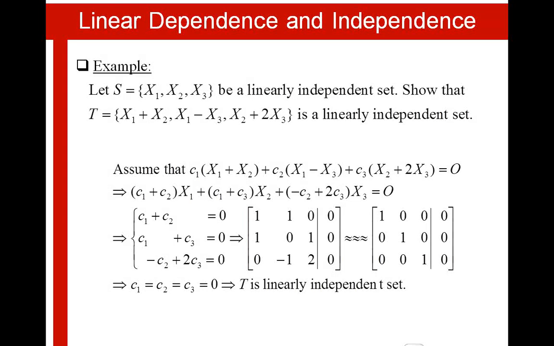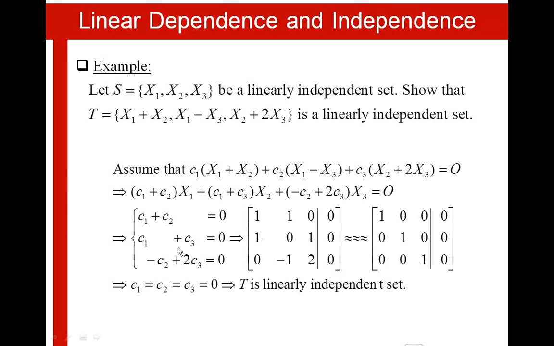If we regroup and factor the x1, x2 and x3, we'll have the following statement: c1 plus c2 times x1, plus c1 plus c3 times x2, plus minus c2 plus 2c3 times x3 is equal to 0. We can create the system, which is a 3 by 3 system.